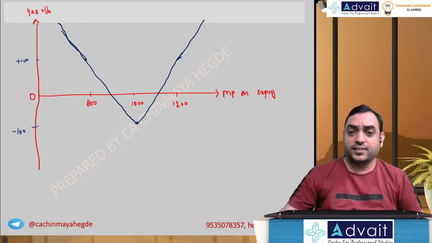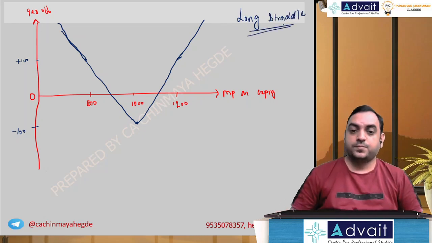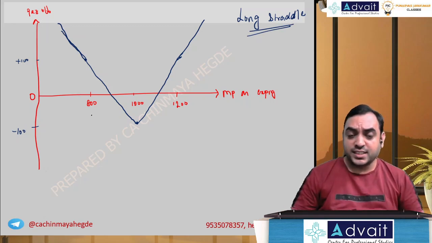There is actually a name for this strategy. This strategy is called a long straddle. Now what does this number mean? At this market price you get the maximum loss.